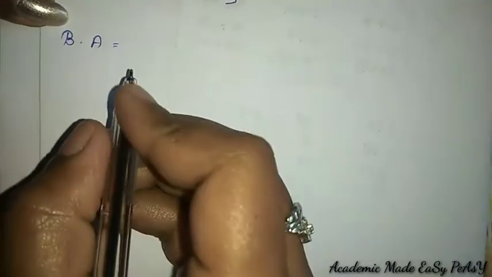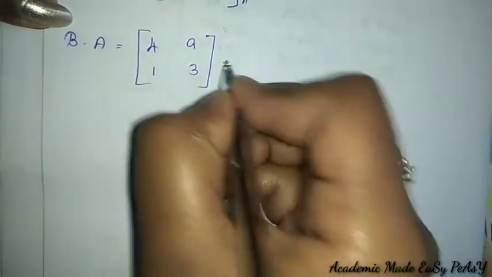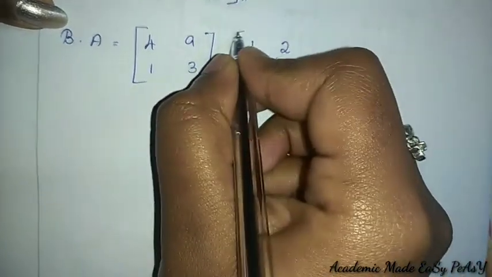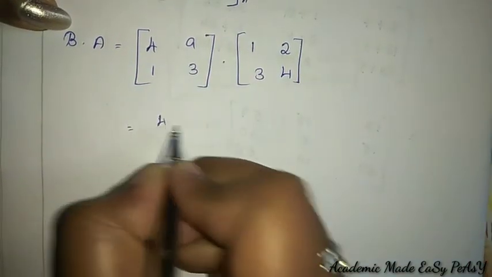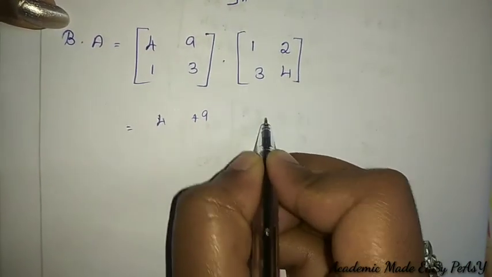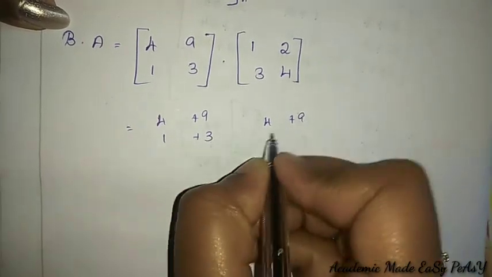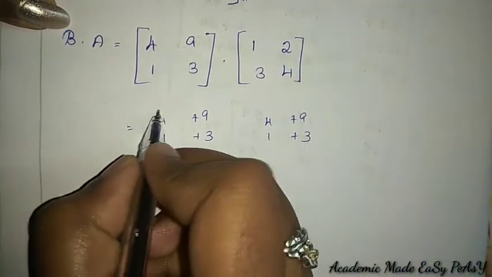Now I will be doing B into A. So now what will be my B matrix? It is 4, 9, 1, 3. And my A matrix is 1, 2, 3, 4. Isn't it? So now I will be applying the multiplication. So 4 plus 9, 4 plus 9, 1 plus 3 and 1 plus 3.